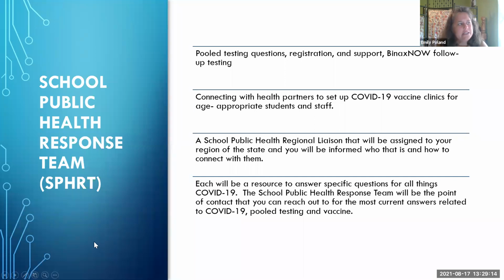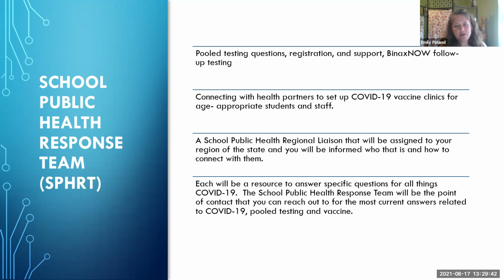All right, the last thing I want to talk about is the school public health response team, or SPHRT, if you want to call it that. This is exciting and hopefully will be helpful to all of you. We still have our DOE contact tracing team, who will be helping on the education side for families directly.